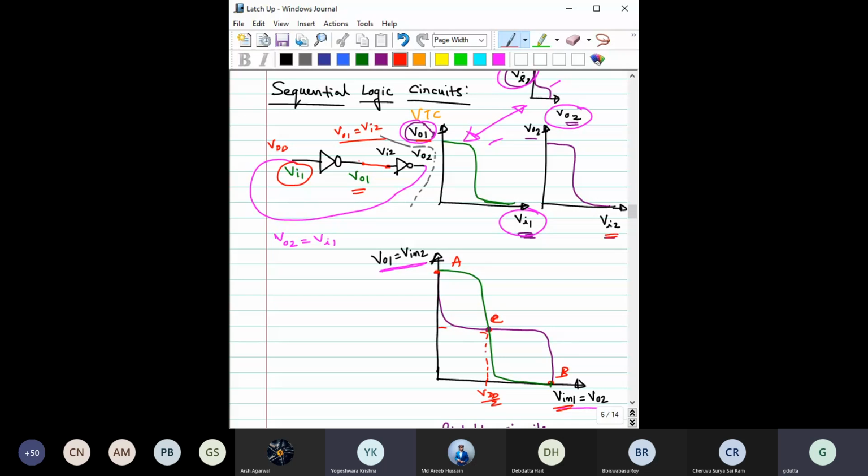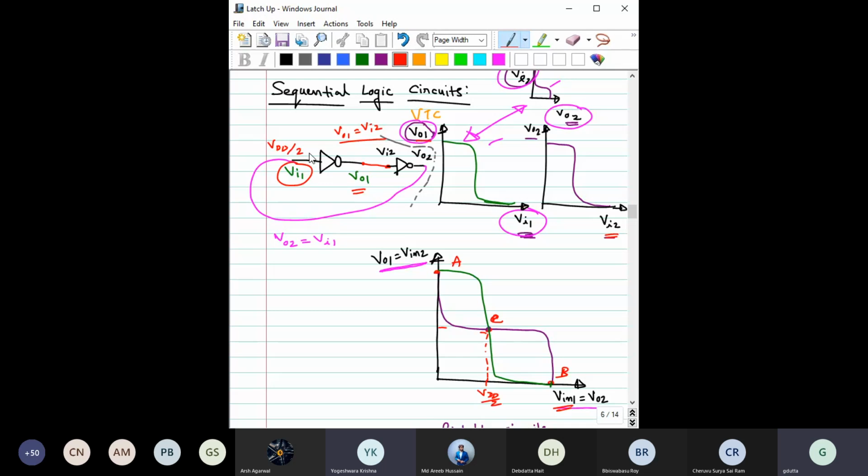Again VDD by 2 as input for this will give VDD by 2 as the output. Then that is again feeding back here, so the loop is sustained.